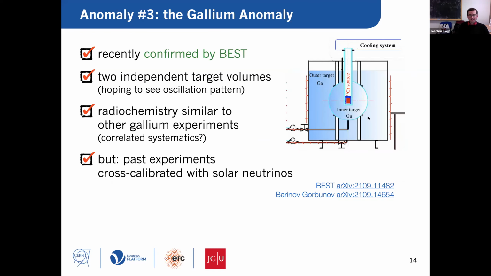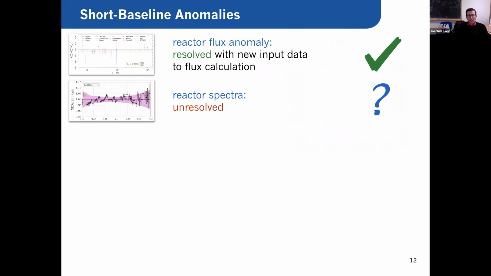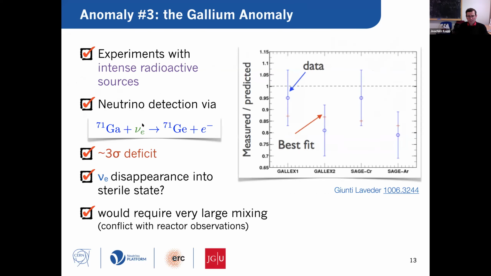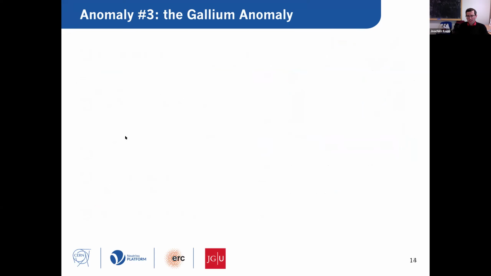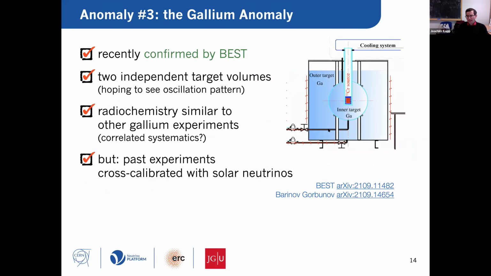Now, recently, this anomaly has in fact been reinforced. There was a new experiment called BEST, the Baksan experiment for sterile transitions, that again uses this radiochemical technique. So looking again for that reaction here, neutrino capture on gallium. The novel thing about BEST is it uses 2 independent target volumes, as shown here, the inner target and the outer target.